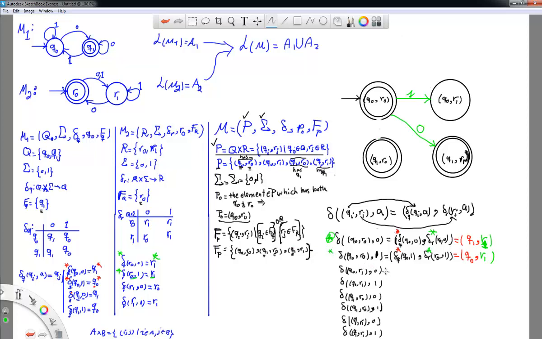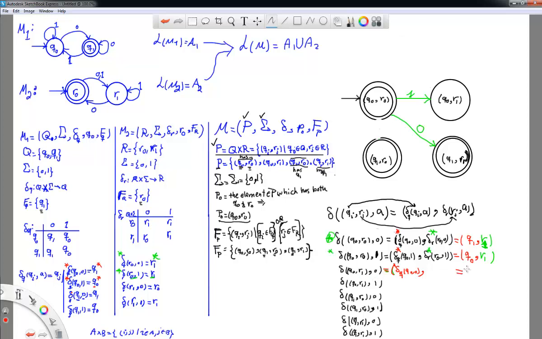Now let's calculate the second symbol, and this time I'm going to use the red ink for the second calculations. So this is going to be delta sub q of q sub 0, comma 0. For the first element, we look at q sub 0 and 0, back up here, it was q sub 1.